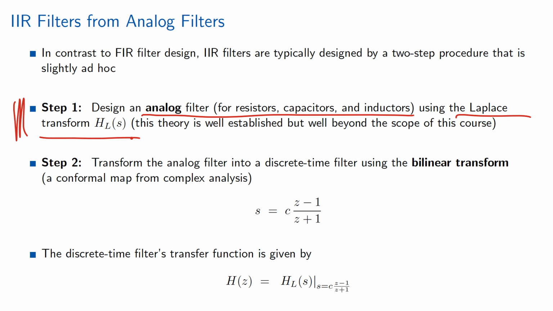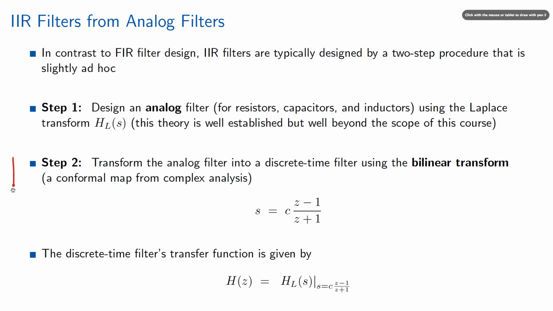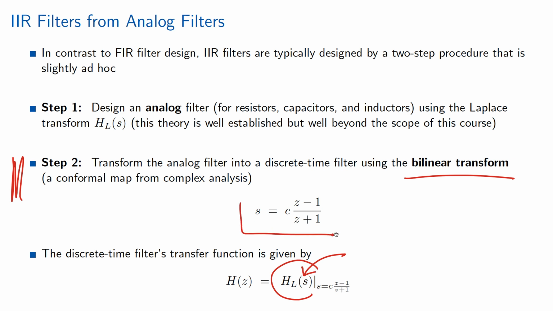So now, in step two, armed with this analog filter design, we transform our analog filter using a conformal map. And the most typical one that we use is something called the bilinear transform. Basically, we just take the Laplace transform analog filter design, and we replace the Laplace variable s in the following way.